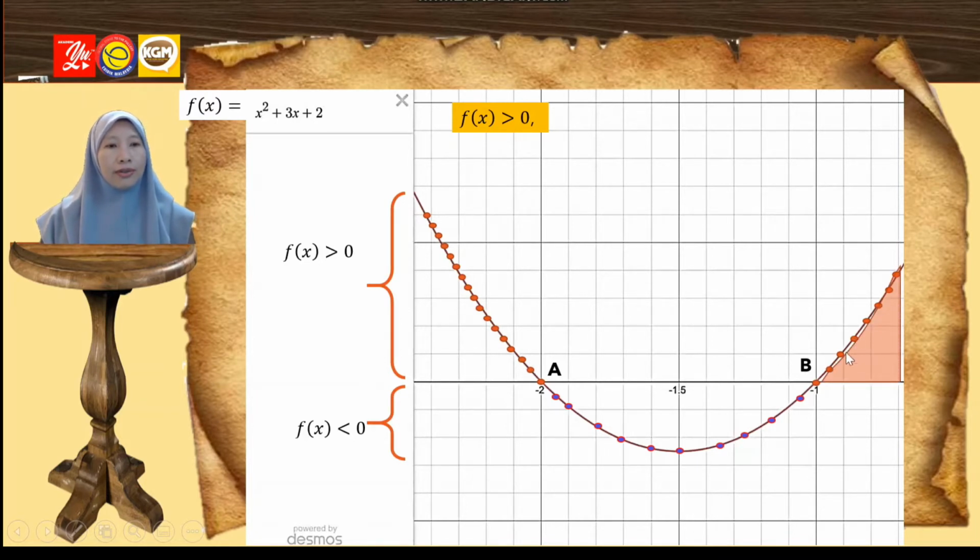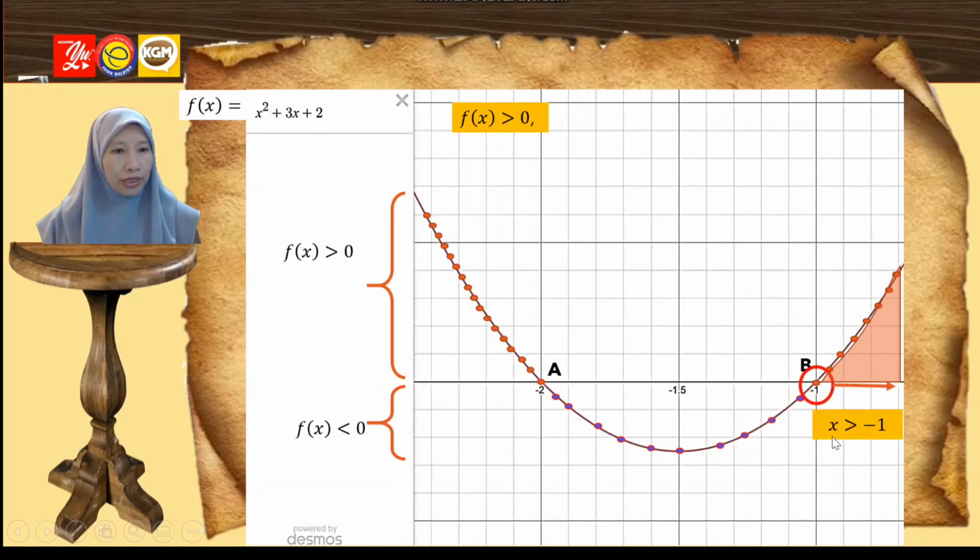To get these values, the corresponding values of x will be here, above negative 1.